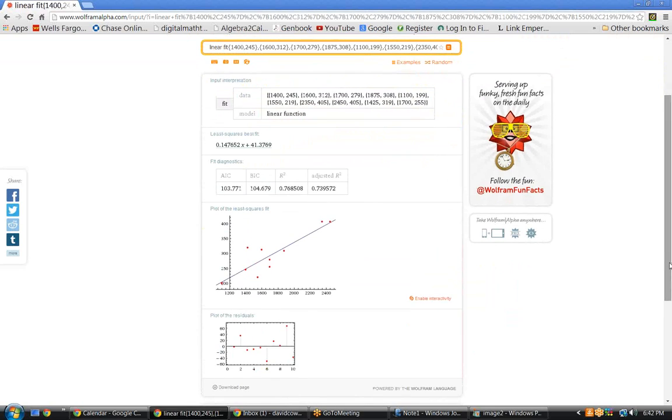Now, notice what linear regression is. Each of these red dots represents one of these values. Notice that I have 1400, 245. So if I go to the 1400 on the x-axis, that's 245. The next point, 1600, 312. Well, if I go to 1600, there's 1600 and there's 312.